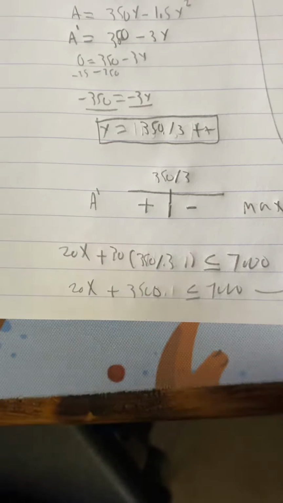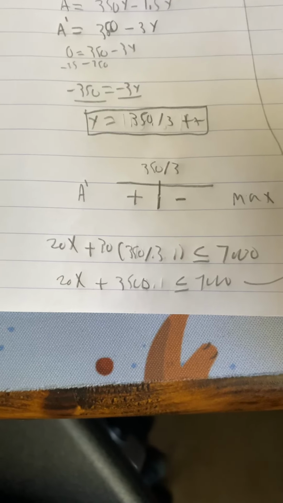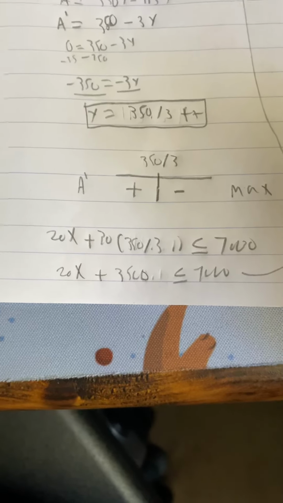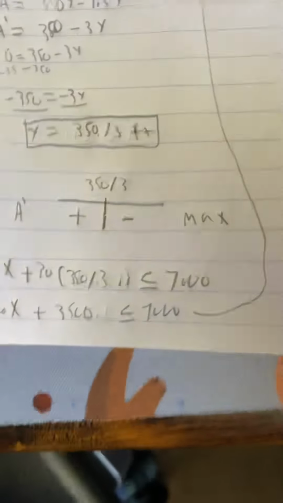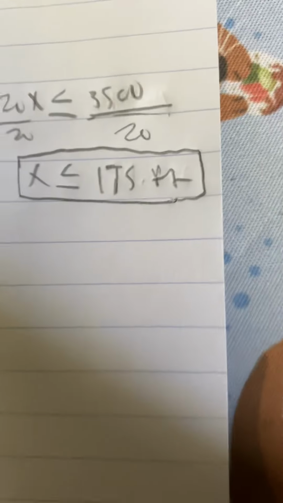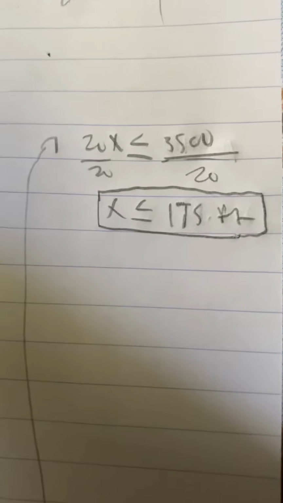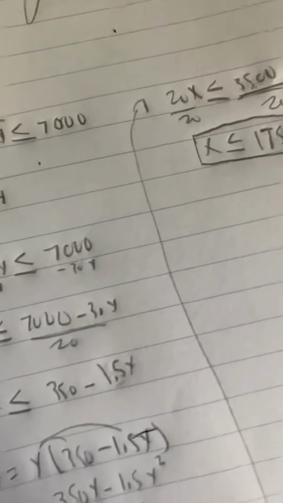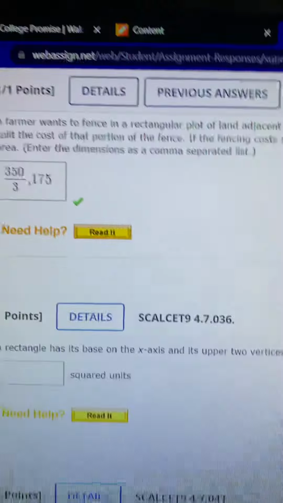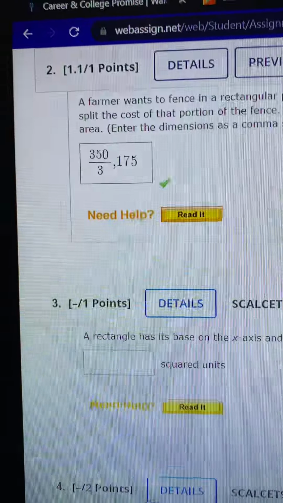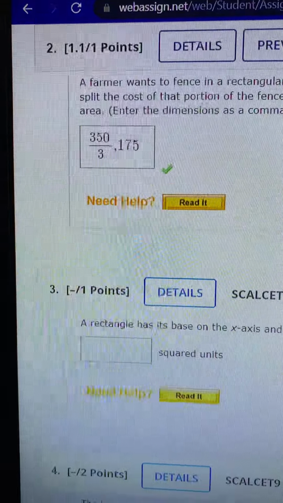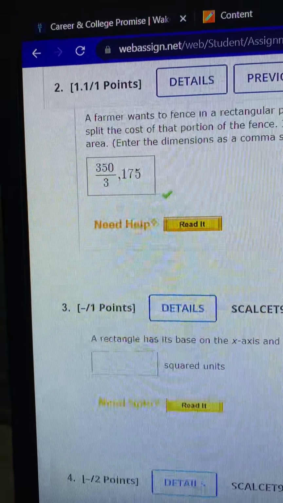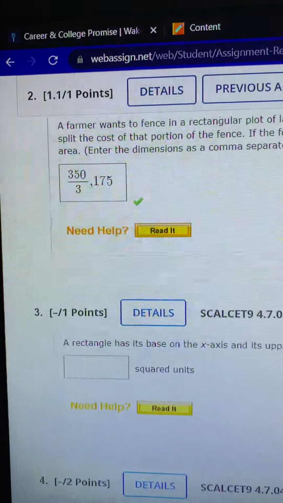So 20x plus 30 times 350 over 3 is less than or equal to 7,000. Went ahead and did all the algebra for that and ended up coming out with x is less than or equal to 175 feet. So that would mean that the dimensions that would give us the max area for that pen would be 350 over 3 feet for the y and 175 feet for the x.